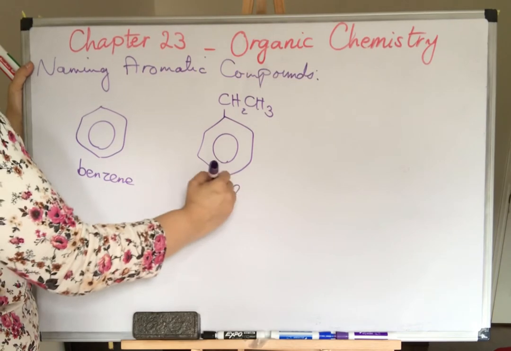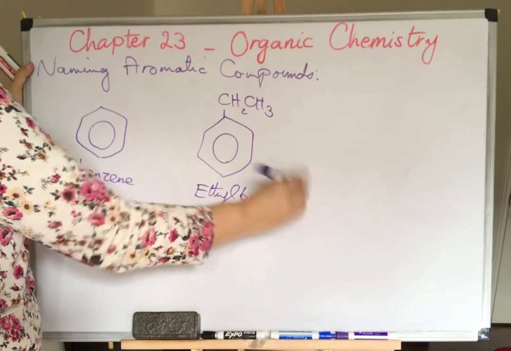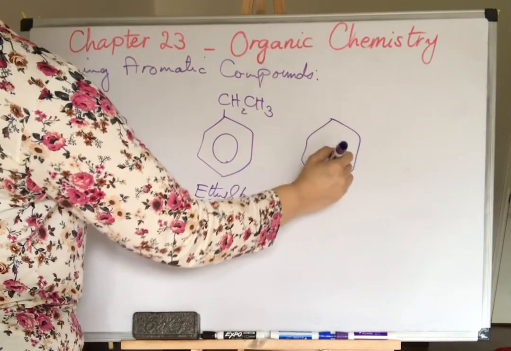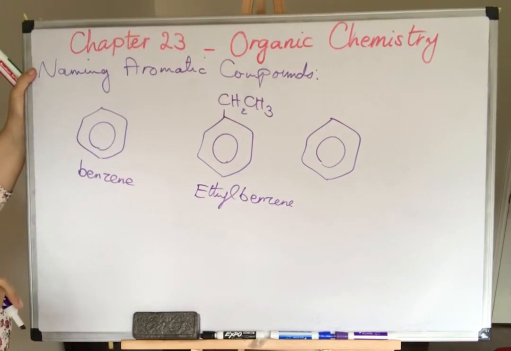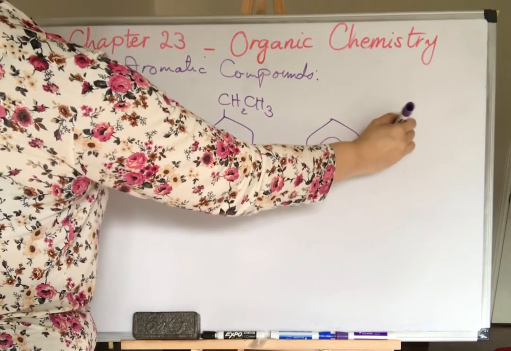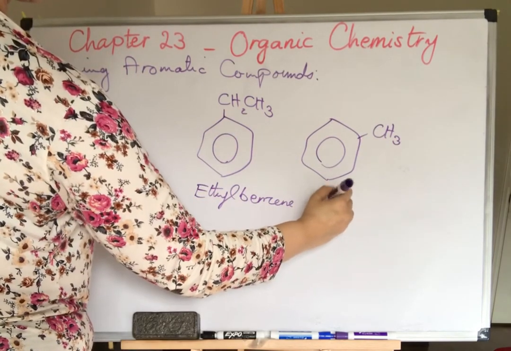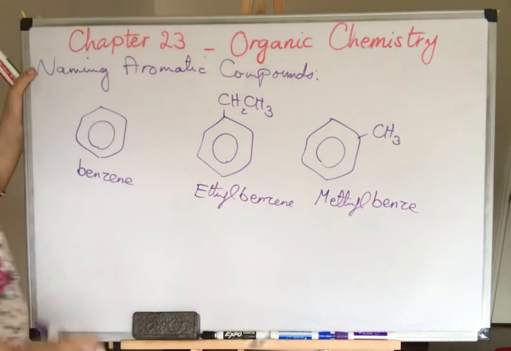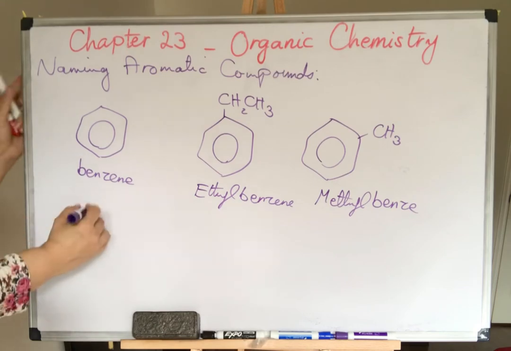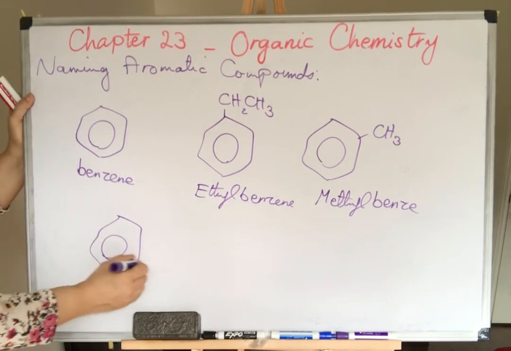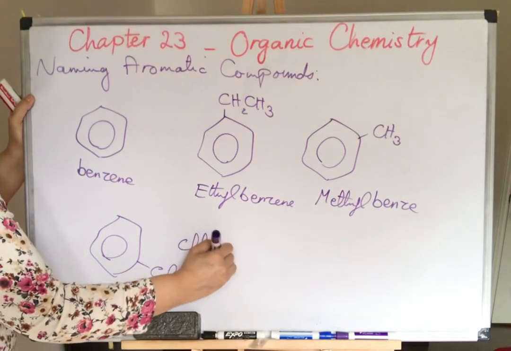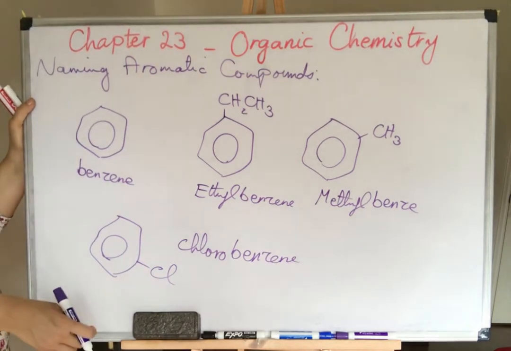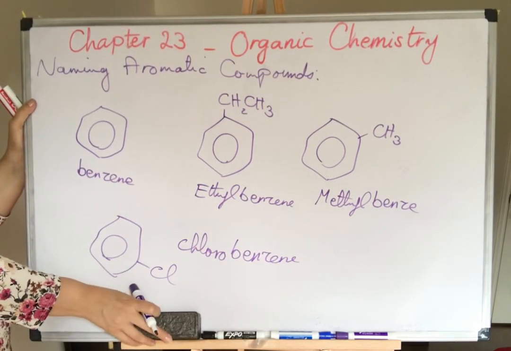You call it ethylbenzene. If you have methyl, you call it methylbenzene. And you don't have to mention the location because you just have one location, right? Or, for example, let's say you have chlorine, you call it chlorobenzene. Whenever you have chlorine, bromine, iodine, you name them as chloro, bromo, iodo.